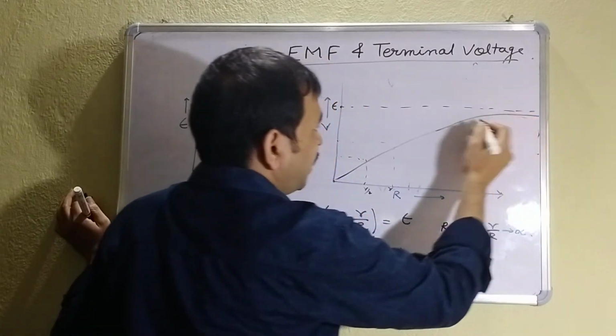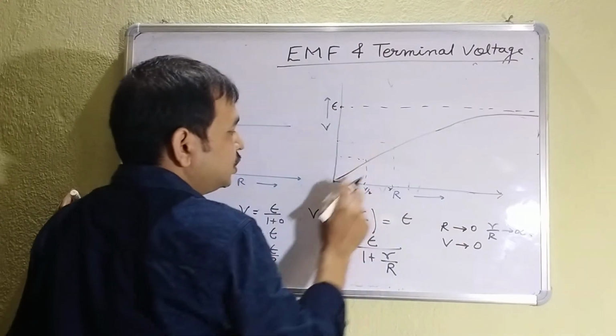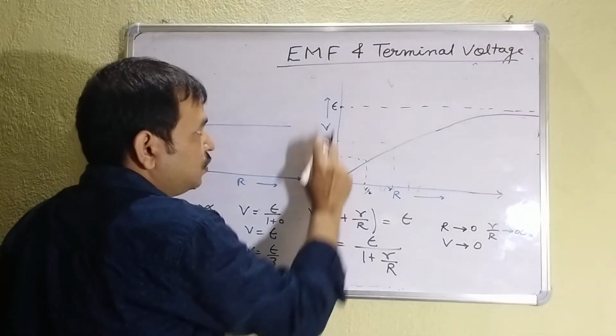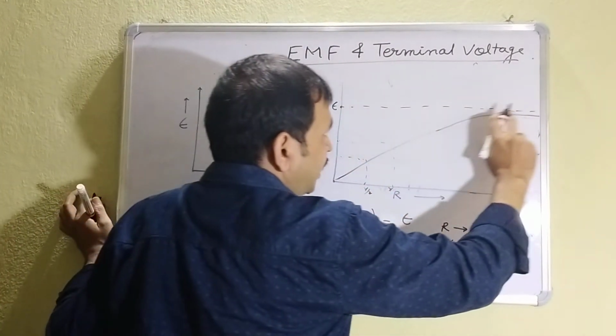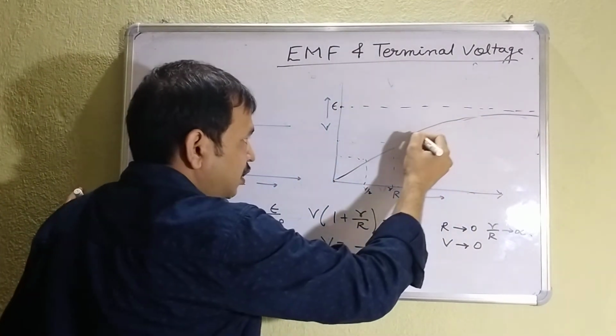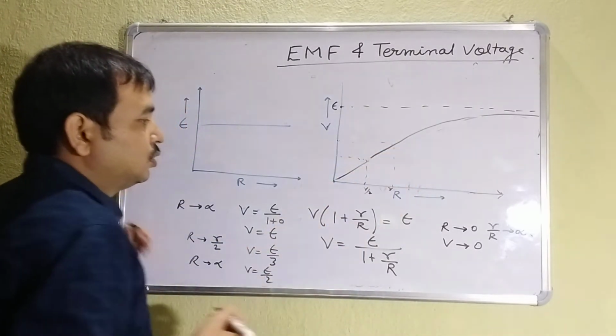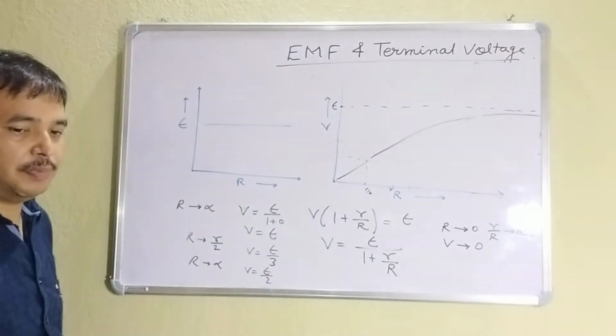This line you have to make parallel, because V is equal to E when R is at infinity. So this is the graph of the second part.